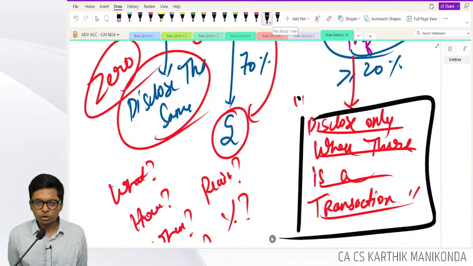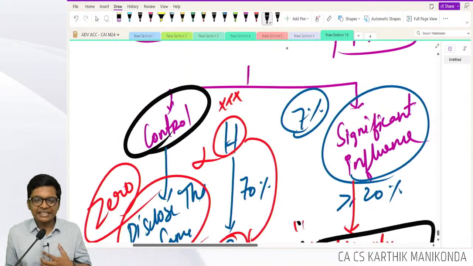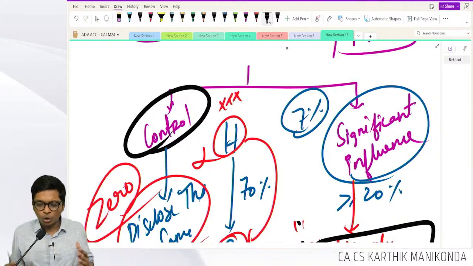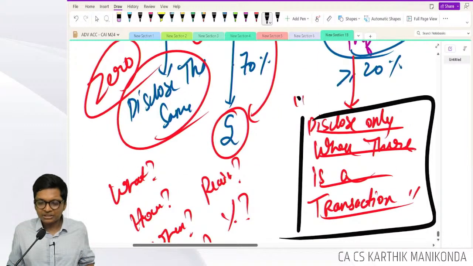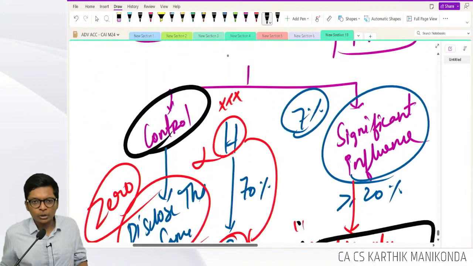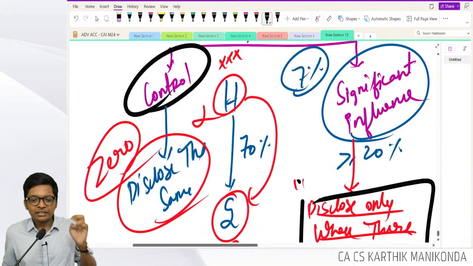A significant influence relationship will be disclosed only when there is a transaction. Otherwise, I don't have to disclose this. So significant influence will be disclosed only when there is a transaction; otherwise, I will not be disclosing this.